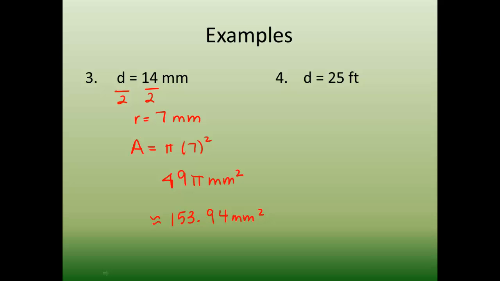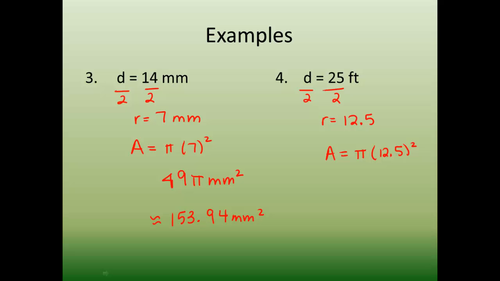Our last example, again, we have the diameter, so we're going to divide the diameter by 2 to give us the radius. And when we divide 25 by 2, it doesn't go in perfect, but that's okay. It's 12.5. Now we will use area equals pi times 12.5 squared. Now 7 squared I could do in my head. 12.5 squared, I probably want to go to the calculator. So 12.5 squared is 156.25.